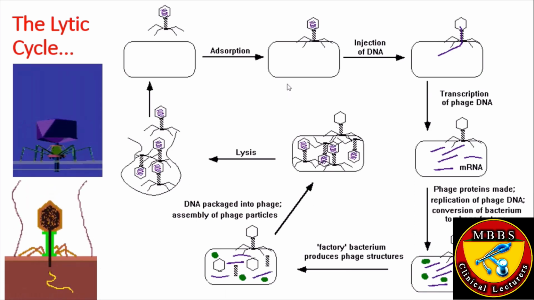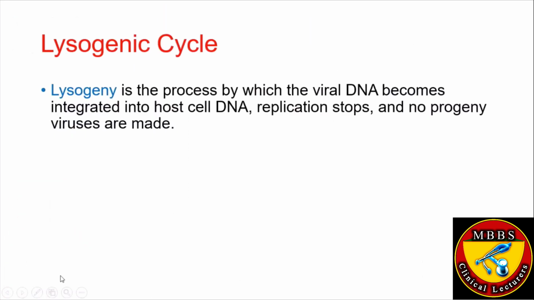Here you can see how this bacteriophage or the phage introduces the DNA into the host cell. So see, this is the DNA or the genome which is introduced into the cell. Lysogenic cycle. Lysogeny is a process by which the viral DNA becomes integrated into the host cell DNA. Replication stops and no progeny viruses are made.